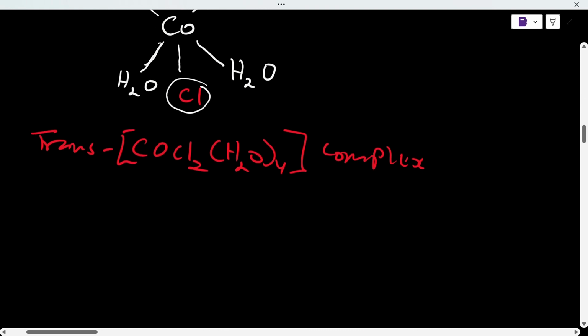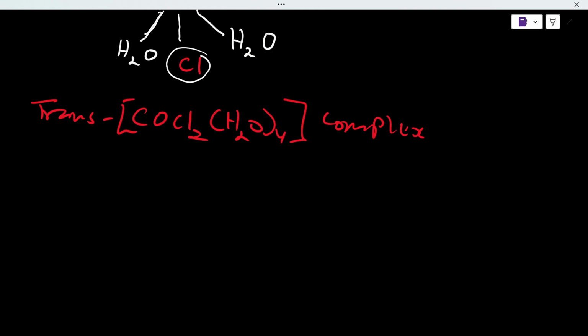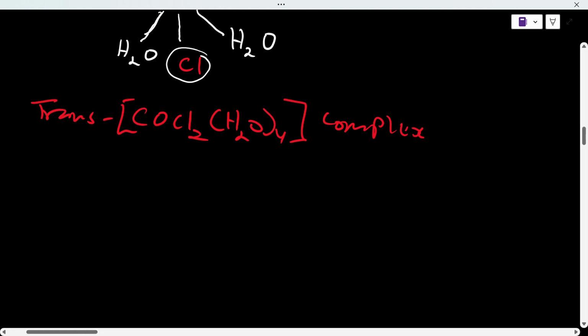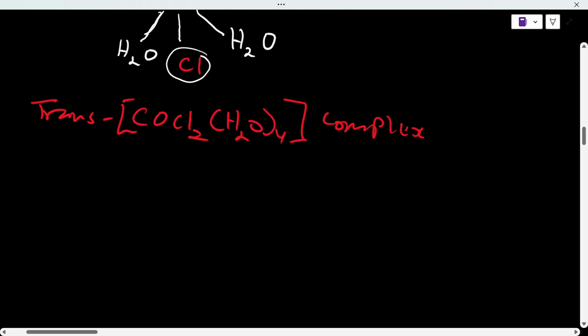Now we can also go ahead and learn another thing. Even square planar complexes can exhibit this, the trans cis geometric isomerism. Even square planar substances can show it. So how can we know that there is a trans cis geometric isomerism in square planar substances?